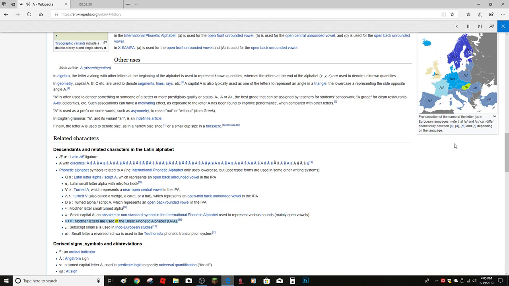Modifier letters are used in the Uralic Phonetic Alphabet, UPA. Subscript small a is used in Indo-European Studies. Small letter a reversed schwa is used in the Tuttle Phonetic Transcription System. Derived signs, symbols, and abbreviations. An ordinal indicator. Angstrom sign.